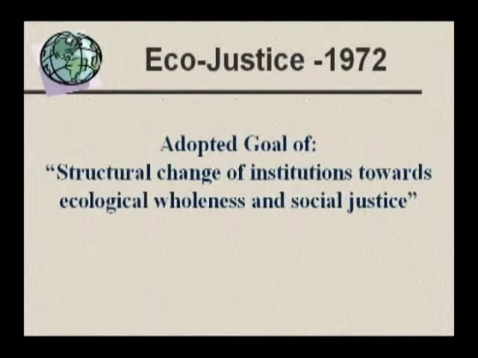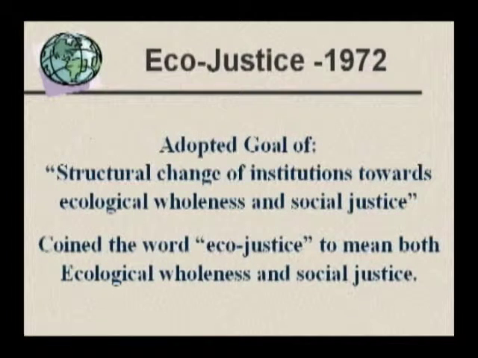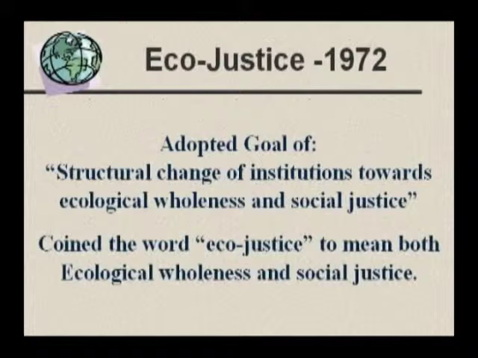So it was those types of insights that were a part of that study. And like I said, they wanted to do some structural change of institutions towards an ecological wholeness and a social justice orientation. And they were the first ones that coined the word eco-justice.